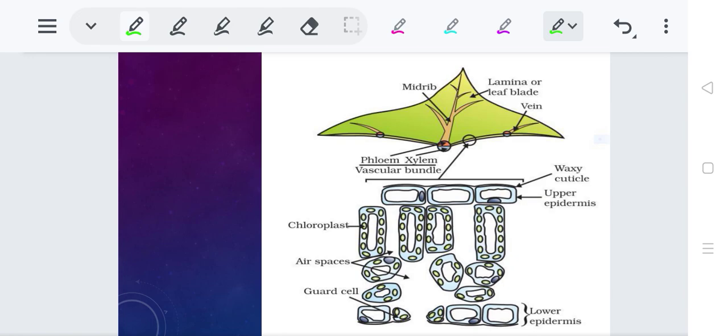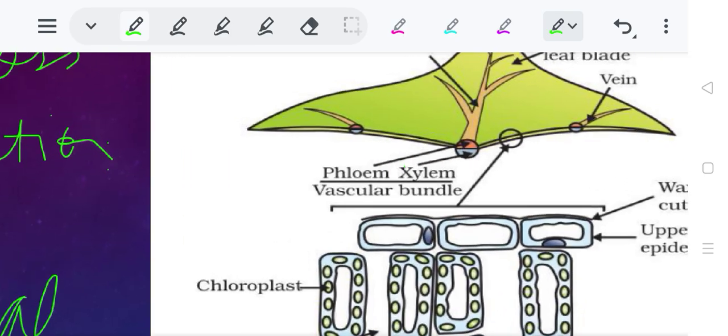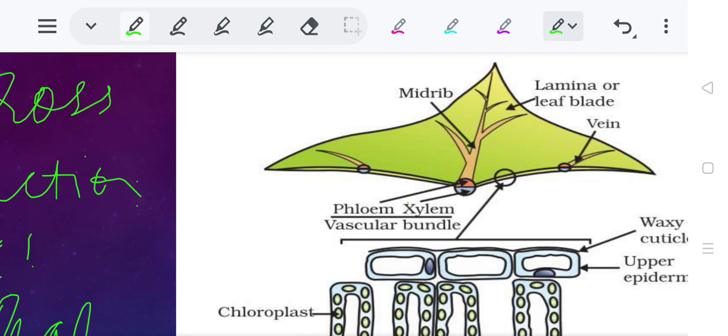Moving further, we have the cross section of a leaf. This is the cross section of a leaf. So the leaf is cut, and this is our leaf. This part is called the midrib. This green part is called the lamina or leaf plate.